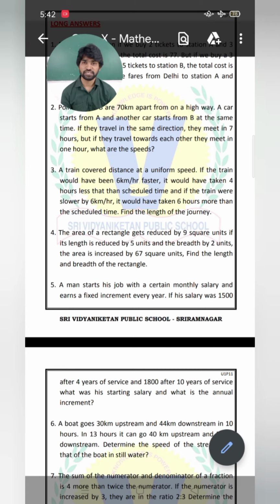Now if 2 objects are coming towards each other, then their speeds should be added. This you have to remember. So when 2 objects are coming towards each other, their speed is x plus y kilometers per hour. When 2 objects are moving in the same direction, their speed is x minus y kilometers per hour. Okay.